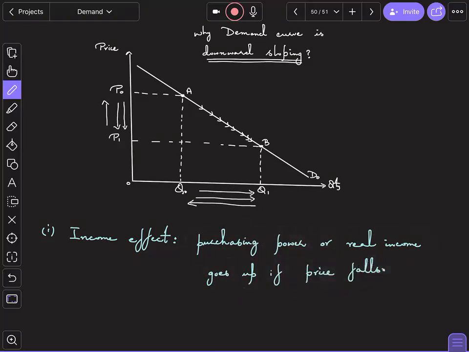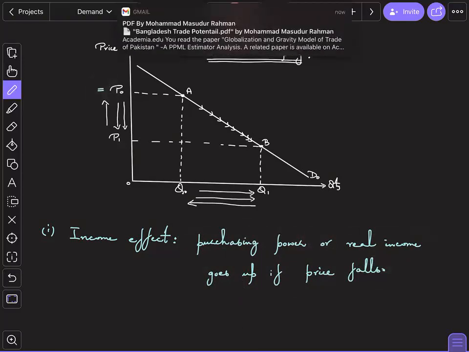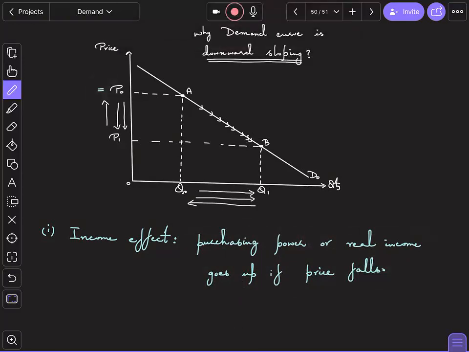Now let's say the price of the product was $10, and at $10 the quantity consumed was, let's say, 10.